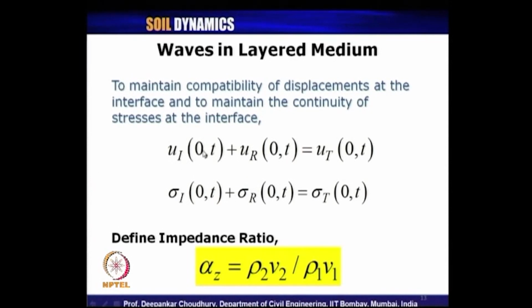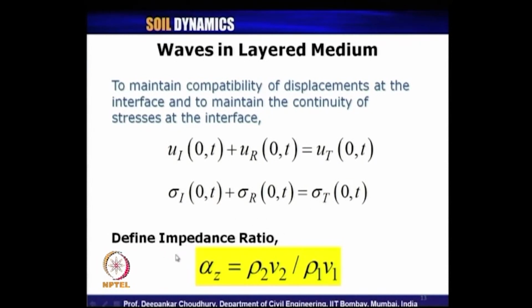So, that is why at x equal to 0, the incident wave and reflected wave displacement amplitudes, the summation of that should be equal to the transmitted wave. And similarly for the stress amplitude, we have seen that the incident wave stress amplitude plus reflected wave stress amplitude must be equal to the transmitted wave stress amplitude.